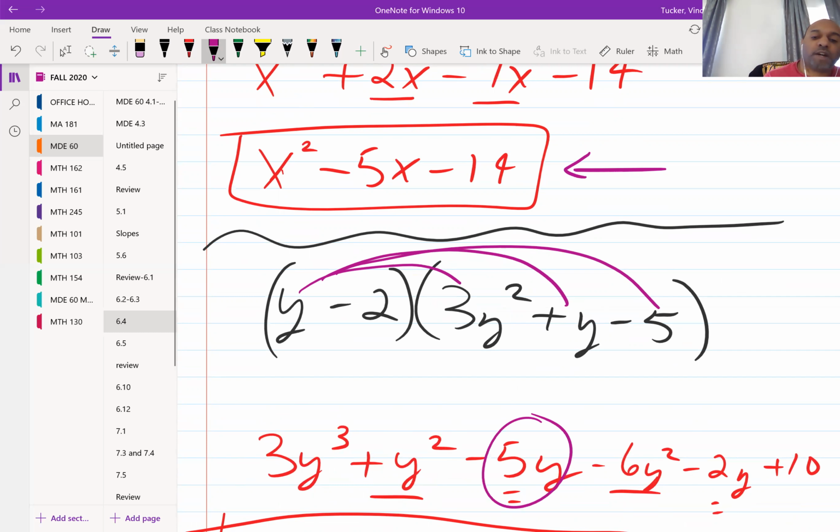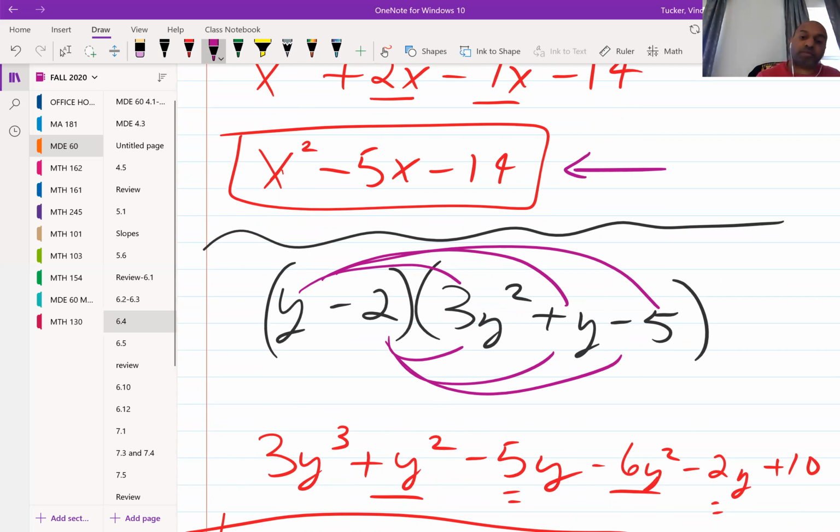Y times negative 5 is negative 5y. Then we take negative 2 to each. Negative 2 times 3y squared is negative 6y squared. Negative 2 times y is just negative 2y. And negative 2 times negative 5, positive 10.